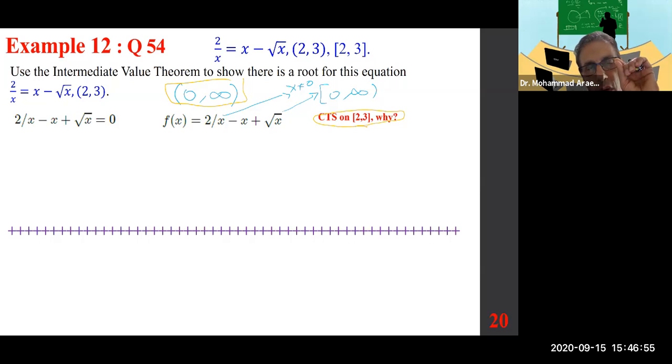I hope everybody is following what I'm doing. One more time. There are 3 pieces: a rational piece, a linear piece, and a square root piece. The square root piece gives us the domain of 0 to infinity. Because of the rational, we exclude 0. And this becomes the answer.